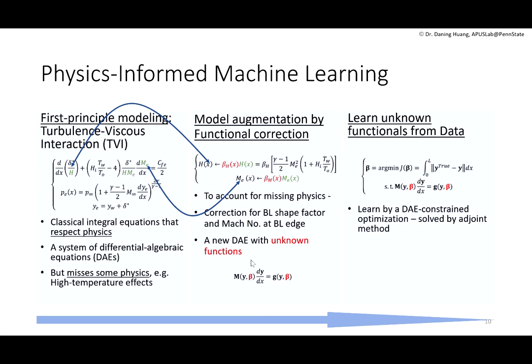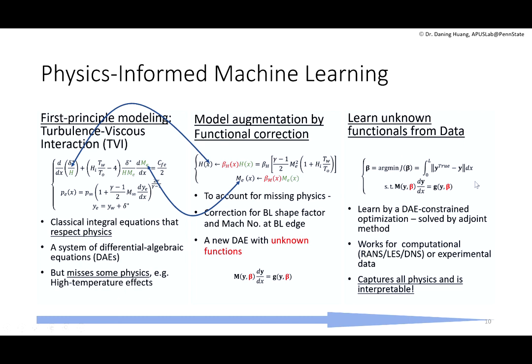We would use the high fidelity data, which can be from RANS solutions or direct numerical simulation data, or even experimental data. We learn these functional forms by a constrained optimization problem. It looks like this, which might appear complex, but it can be solved efficiently by a method called the adjoint method.